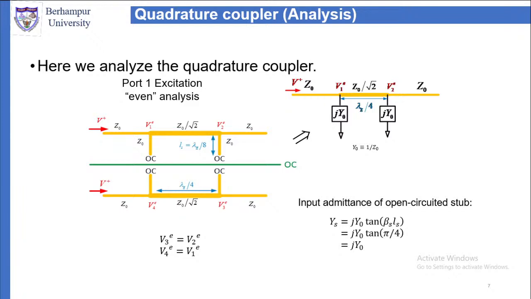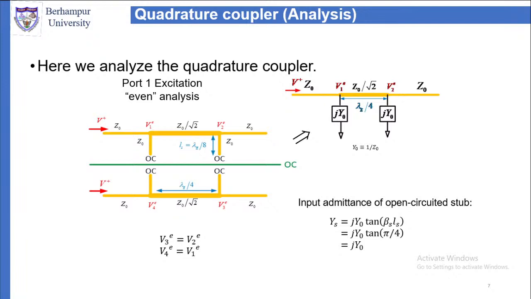Ls is equal to lambda g by 8, and beta s is equal to 2 pi by lambda g. Putting 2 pi by lambda g into lambda g by 8 gives pi by 4. So Ys is equal to j Y0 tan pi by 4, and tan pi by 4 is equal to 1. So Ys is equal to j Y0.